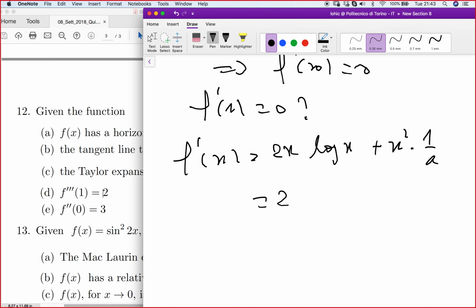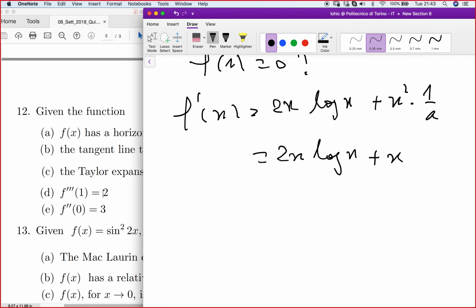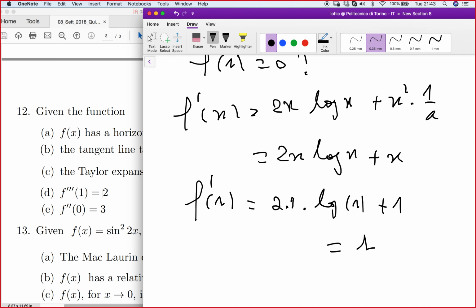So it will be 2x log of x plus x. Is that clear? Now f prime of 1 will just be 2 multiplied by 1 multiplied by the logarithm of 1, plus 1. Thus it is 1, because the logarithm of 1 is 0. So 1 is not a horizontal tangent point, right?